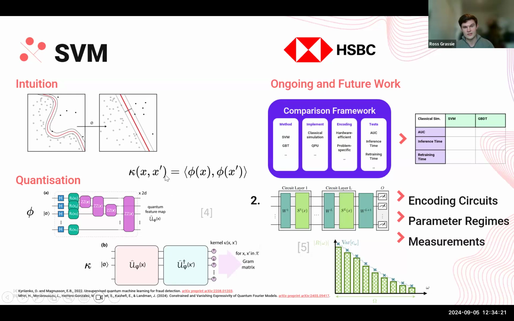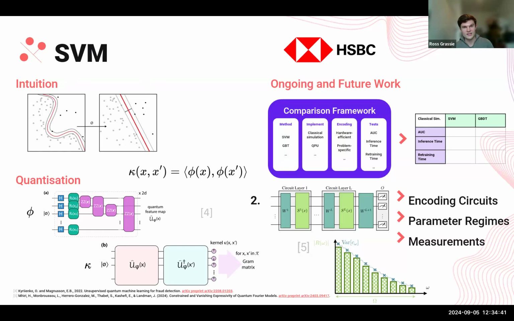And then the central mathematical component of this is this kernel, where it's just defining distances between data points in this higher dimensional space. So all of this is completely classical machine learning. It has nothing to do with quantum yet.